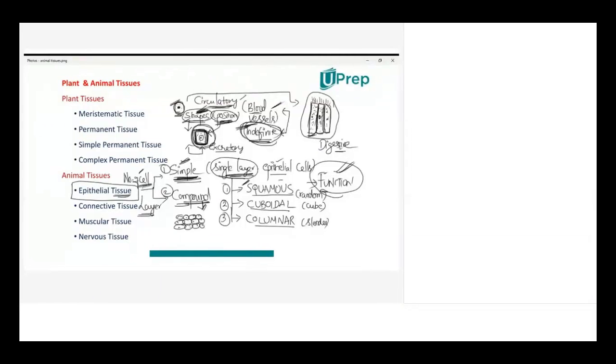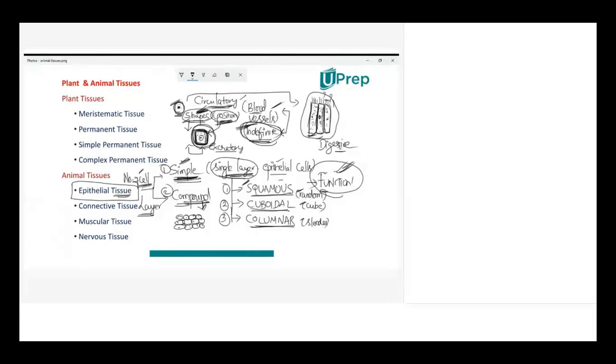Squamous epithelium will have random epithelial cell shape. Cuboidal epithelium will have cube-like epithelial cells. Columnar epithelium will have slender elongated cells. What do the hair-like structures do in the columnar epithelium? That we'll discuss in detail when we talk about columnar epithelium, including why these hair-like projections are there in the digestive system.